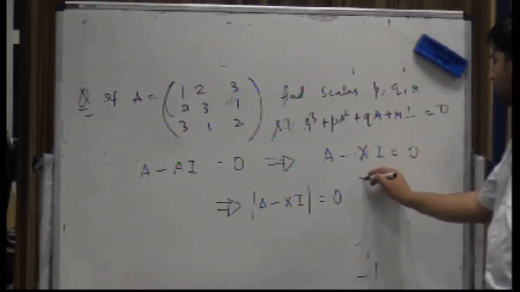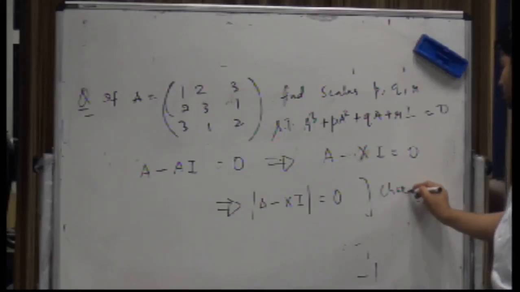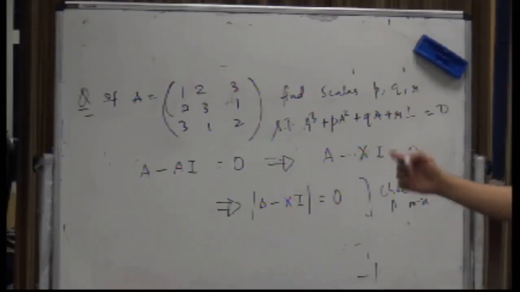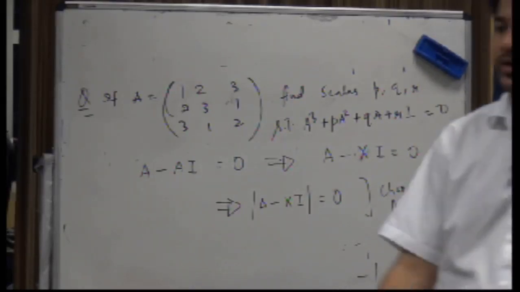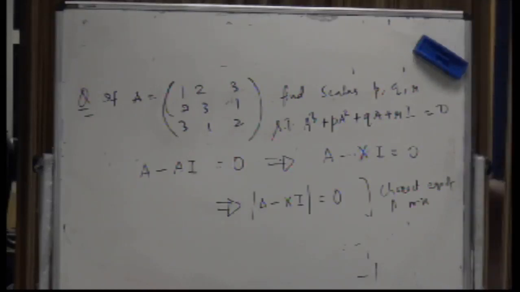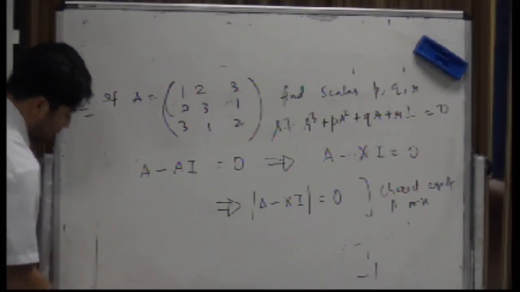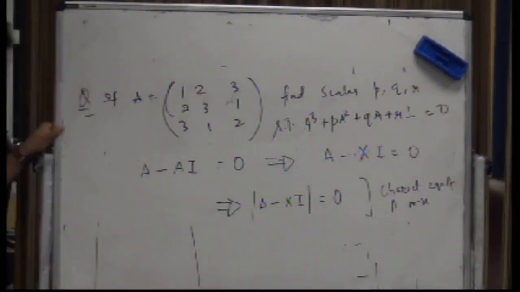This is called the dead point. Okay. So what is A minus xi? I'm using the dead symbol.